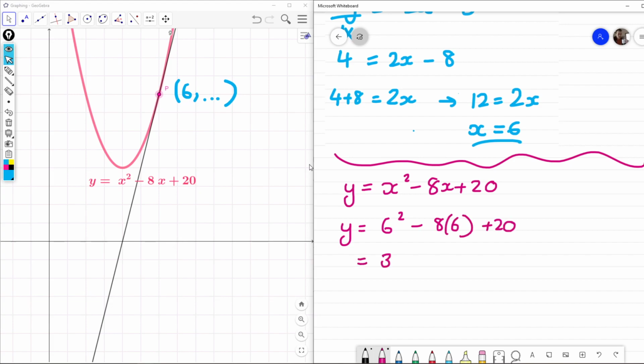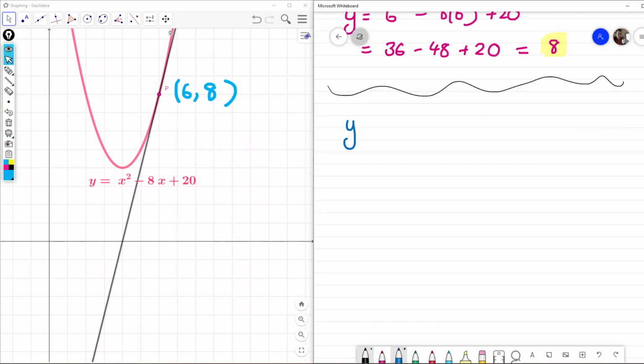In this case, I'm going to have 36, take away 48 plus 20, and I believe that's going to work out as plus 8. Therefore, I can include that in my coordinate. So the coordinates for P are x is 6, y is 8.